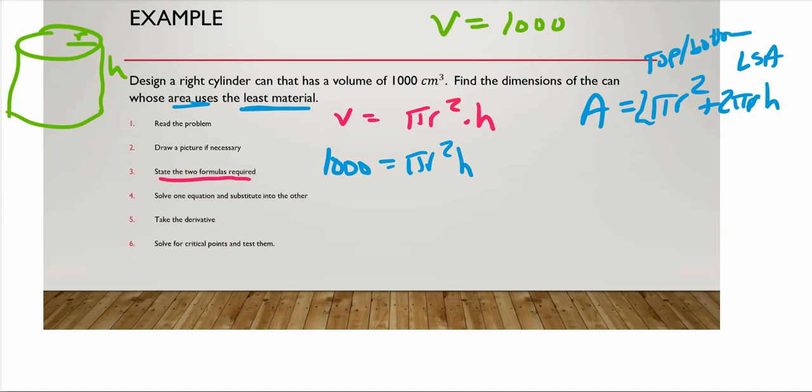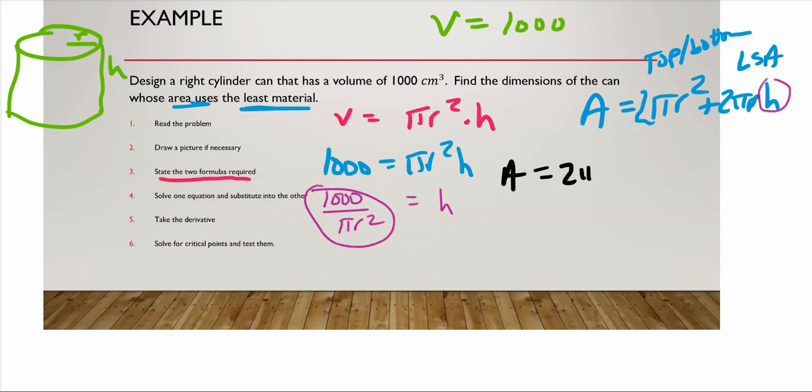So now I have my two equations. That means I'm going to solve for my letter H. In this scenario, H is going to be 1,000 over pi r squared. So I'm going to take this and insert it in here. My area, in terms of one variable, is going to be 2 pi r squared plus 2 pi r h.